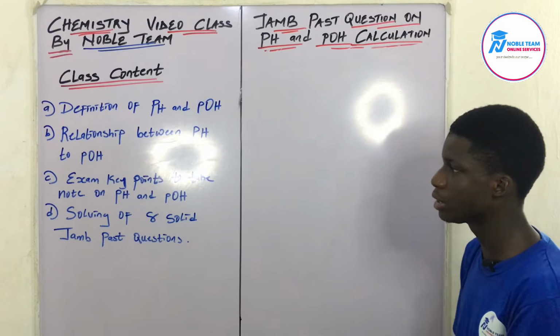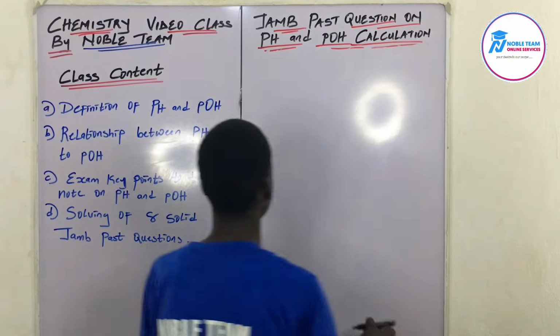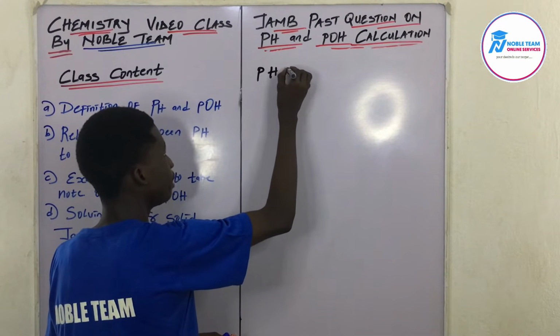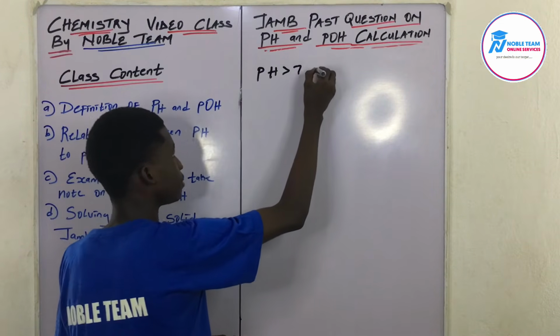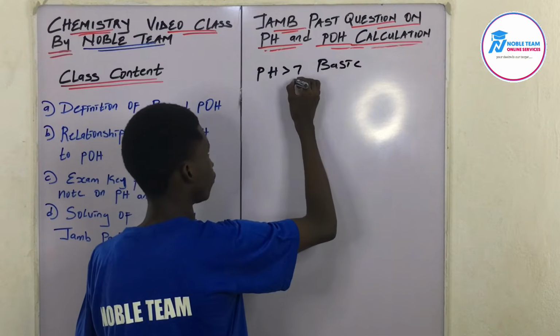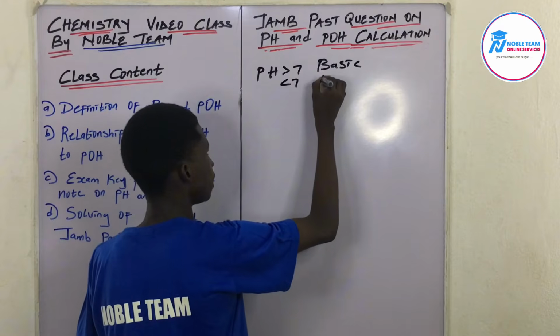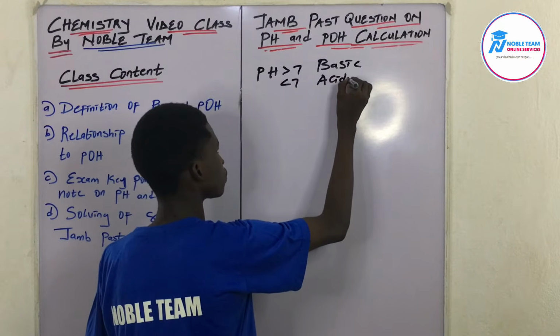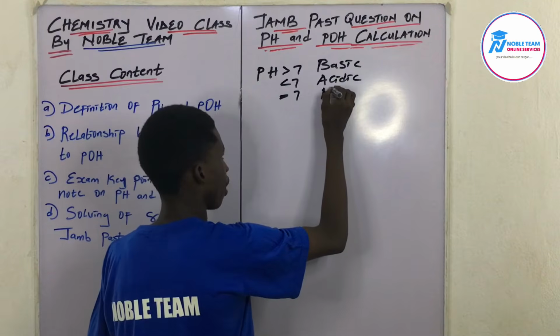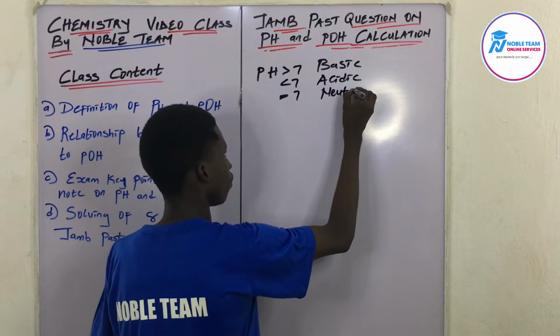Now, before we look into that, I want us to take note of this: once a pH is greater than 7, it is basic. Once it is less than 7, it is acidic. And once it is equal to 7, it is neutral.